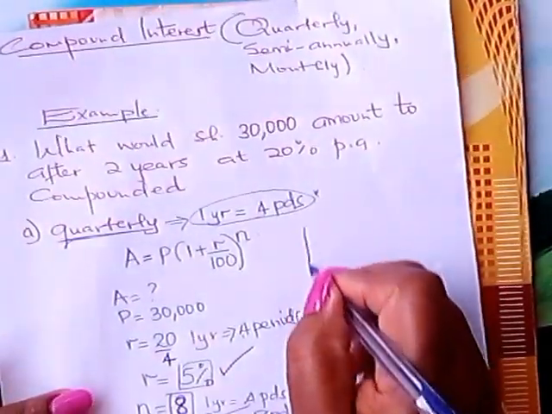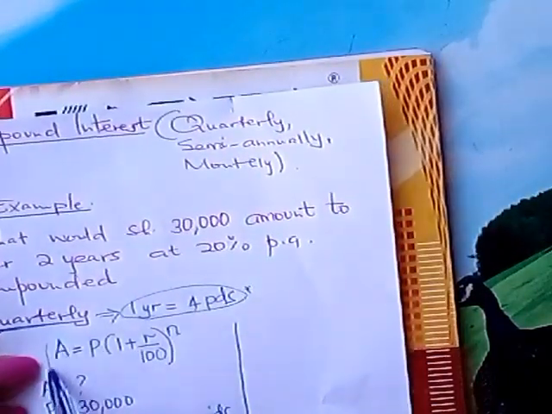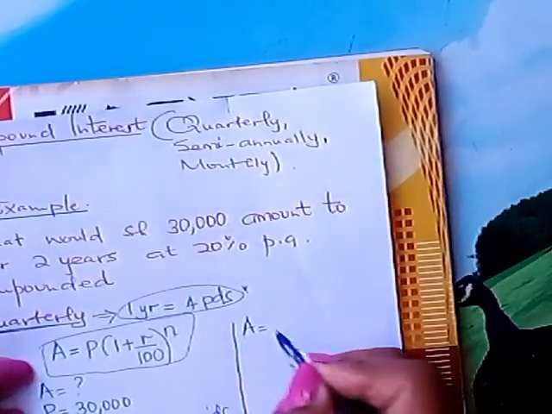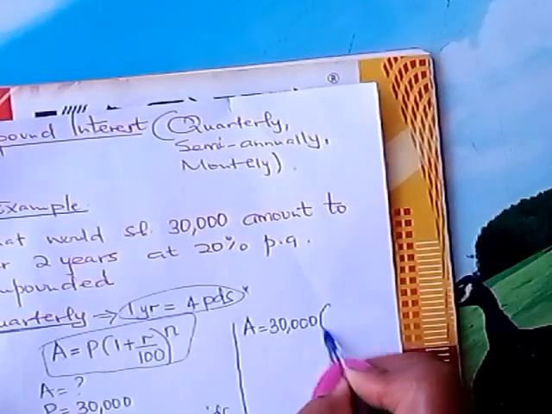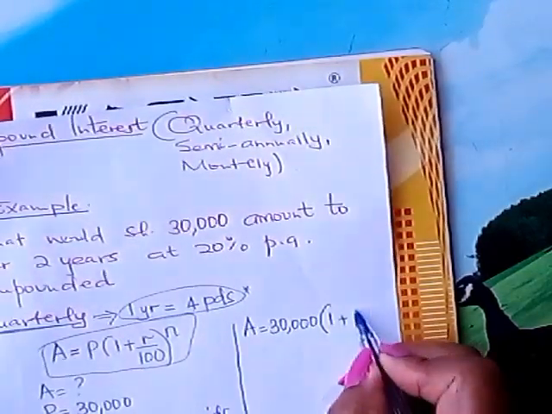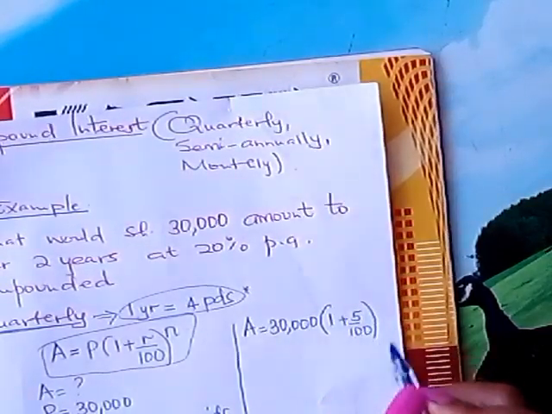So, you now substitute all this in your formula, the compound interest formula. So, amount, in our case, will be equal to our principal, which is 30,000, times 1 plus our rate, 5% per period.